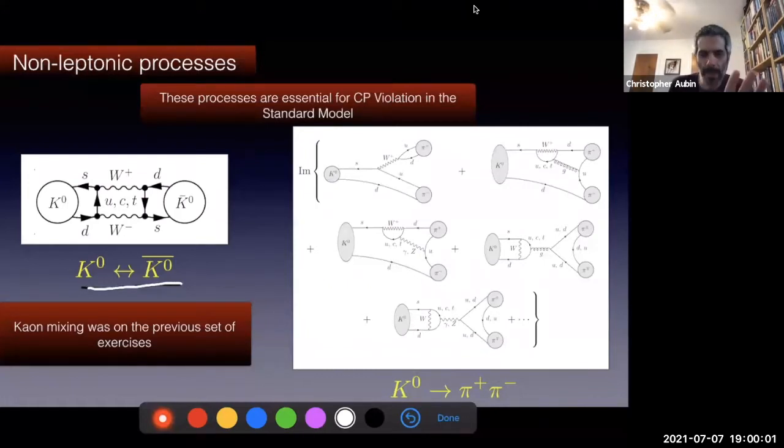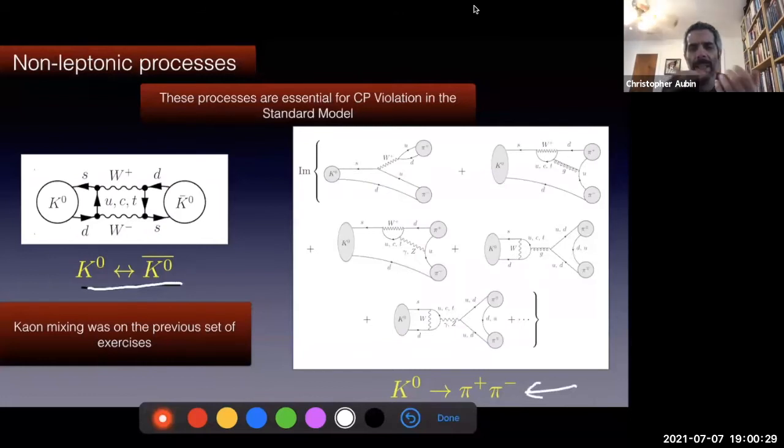The other generic process we'll talk about is K to 2 pi, and I'll generally refer to it as just K to 2 pi. What I'm showing here are processes for a neutral kaon, K naught, decaying into two charged pions, pi plus, pi minus. There are other versions of different types of decays that could occur, but this is just one example.